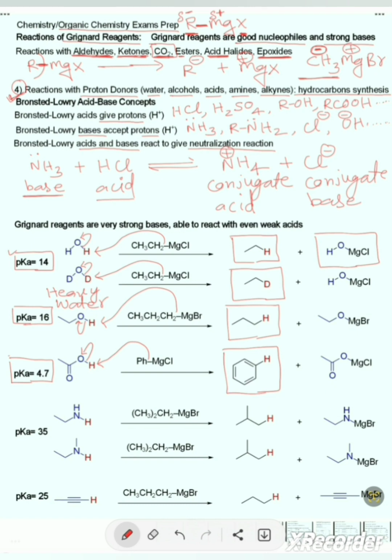Now, the next reaction is the reaction of Grignard reagents with primary and secondary amines. A primary amine is an amine where nitrogen is connected to one carbon or one carbon chain. This is a primary amine. A secondary amine is an amine where the nitrogen is connected to two carbons or two carbon chains.